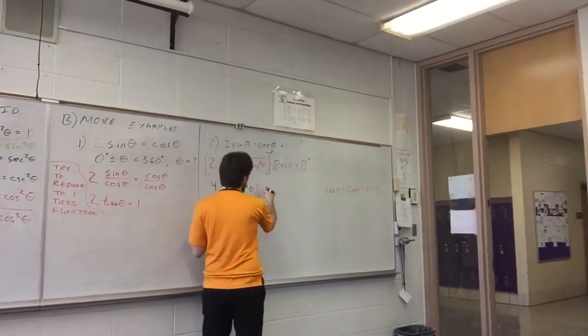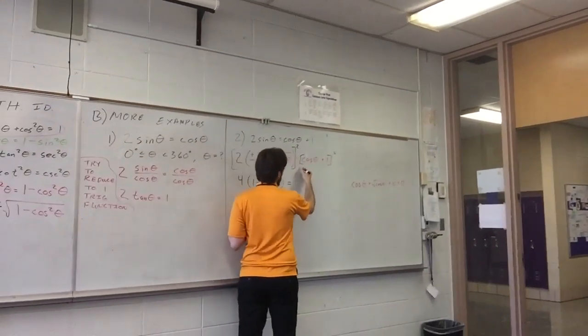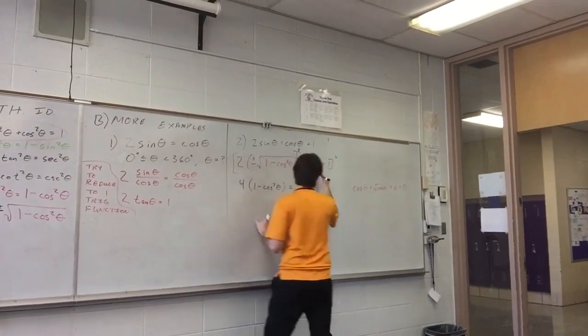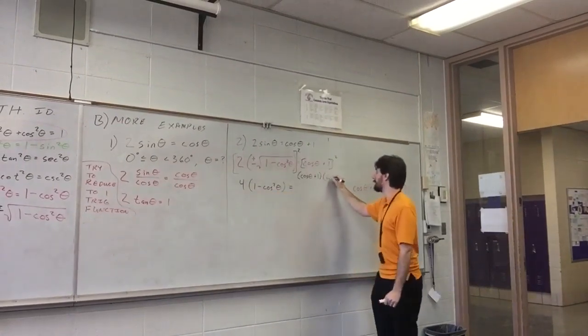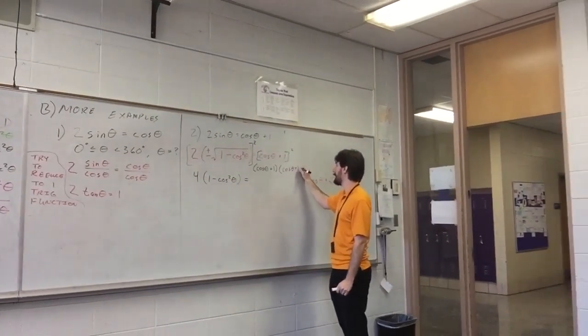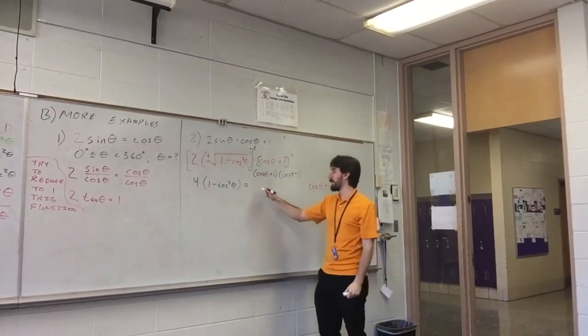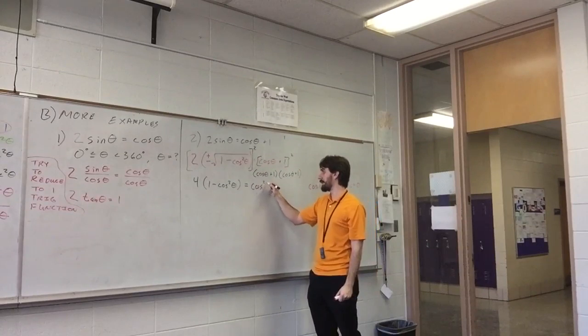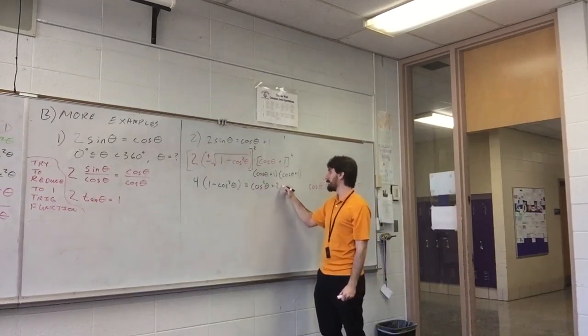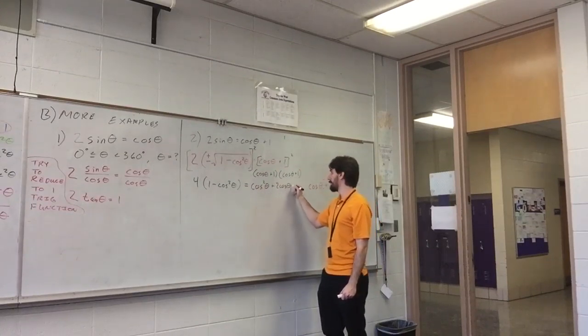On the left side, what would you get? Cosine of theta plus 1 times cosine of theta plus 1, which if you FOIL or double distribute is cosine squared plus 2 cosine plus 1.